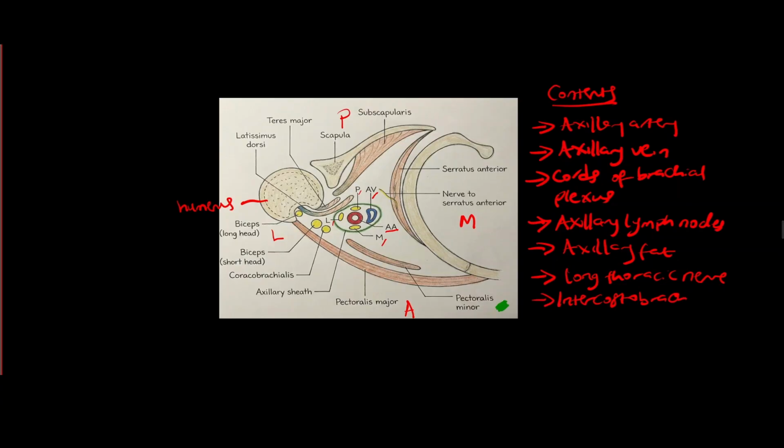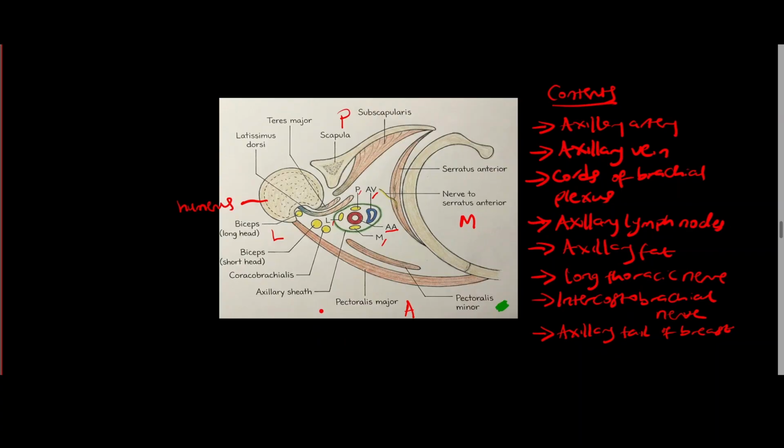As part of the content, we also have the axillary tail of the breast, which is an extension of the breast tissue into the axilla. So these are the contents of the axilla.